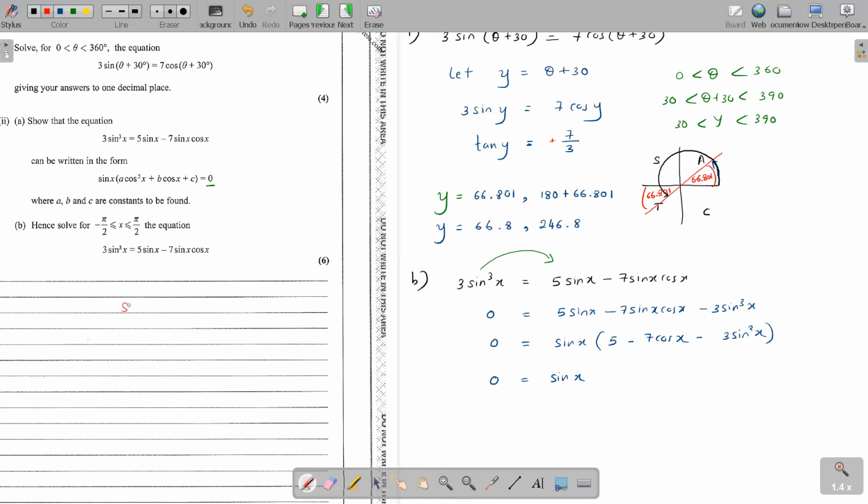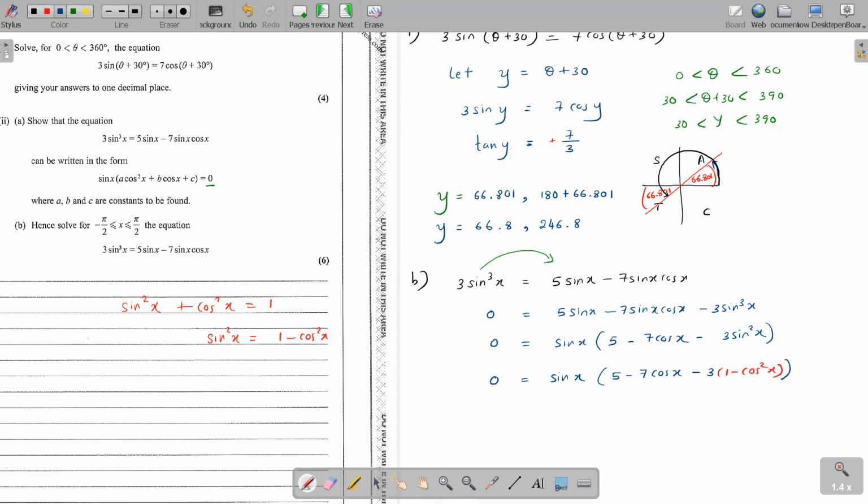Obviously, we use the rule sine square x plus cos square x equals 1, which gives me sine square x will be equal to 1 minus cos square x.